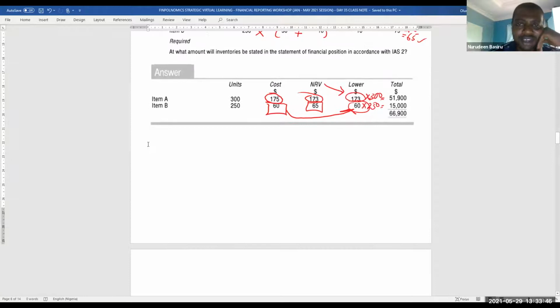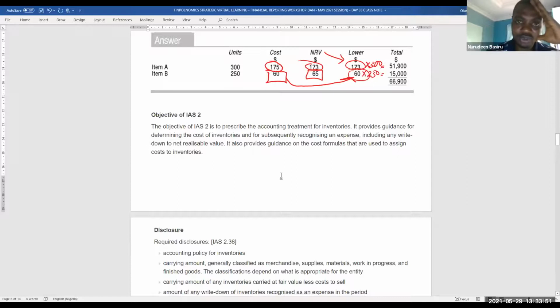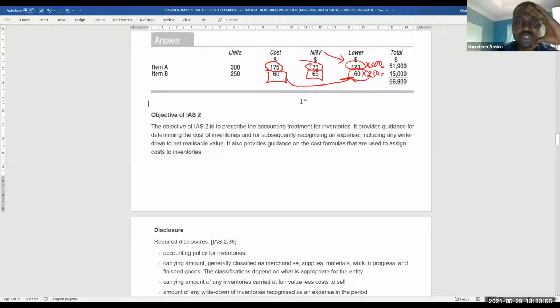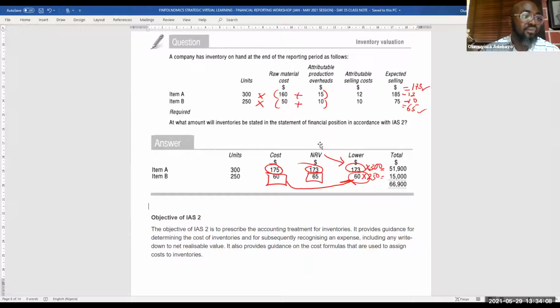Okay. I think we need a little clarification as per this solution. Why do we have to sum up raw materials cost plus overhead before we multiply by the units? Whether you sum it up or you do it individually, you get the same answer. I thought when I computed it, the answer was different.